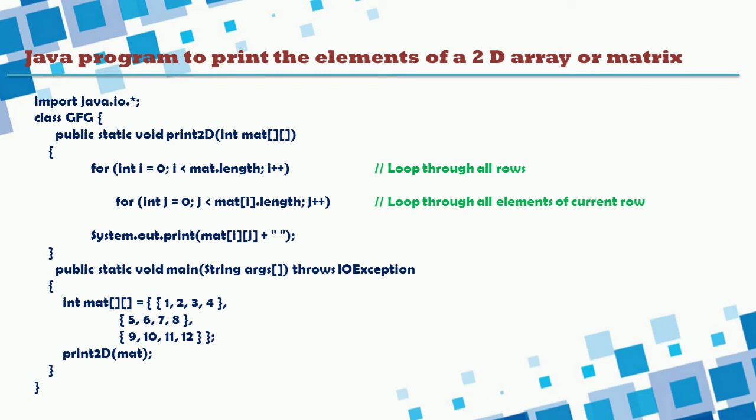So next we'll move on to a simple program, showing how the values are arranged according to the row position and the column position. We are using a loop here. The first for loop is for the row, and the second for loop is for the column.